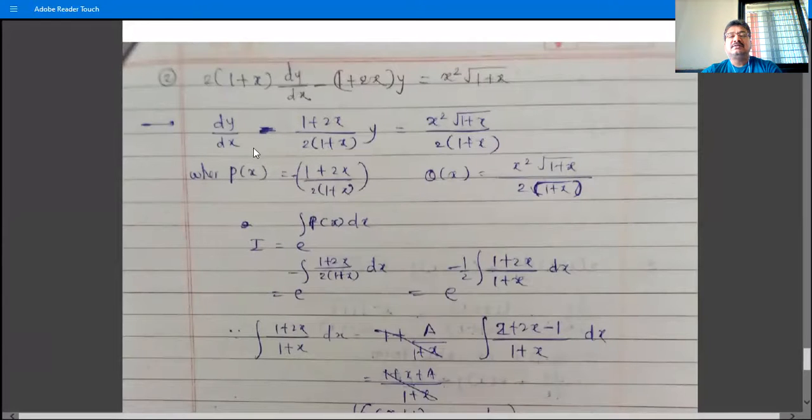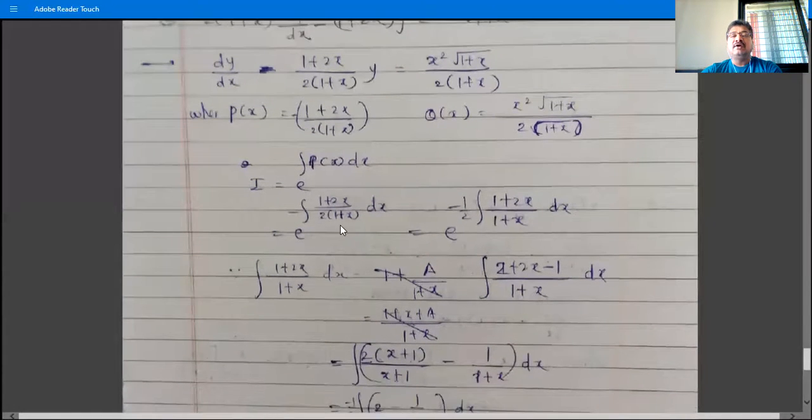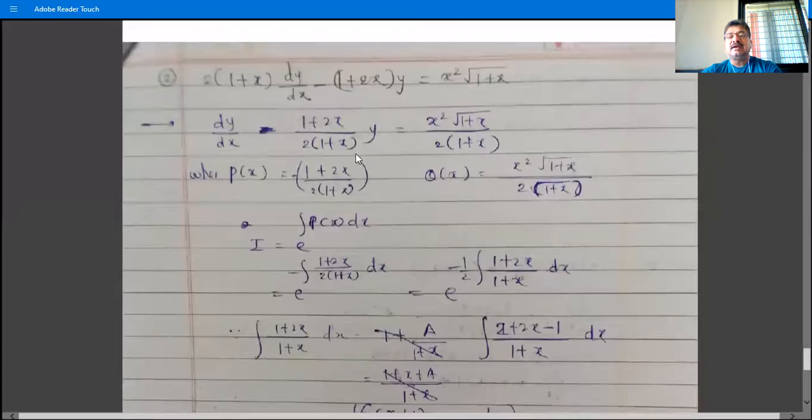And so this is the linear differential equation of the form dy by dx plus P(x)y is equal to Q(x), where P(x) is minus (1 plus 2x) divided by (1 plus x), and Q(x) is x square root of (1 plus x) divided by 2 times (1 plus x). And then we have to find the integrating factor. This is a linear differential equation.